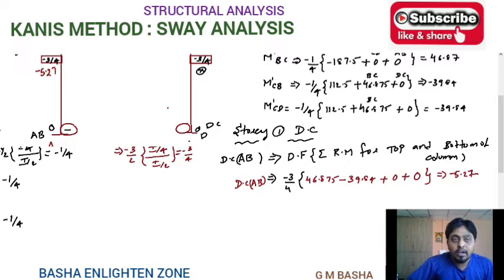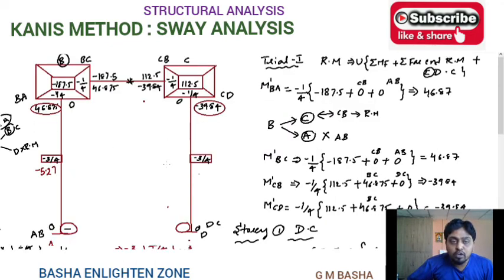Similarly, you find out the displacement contribution for the DC member. That is, displacement contribution for DC will be equal to, again, displacement factor for DC will be minus 3 by 4, and again the sum of the rotation moments for top and bottom of the column.